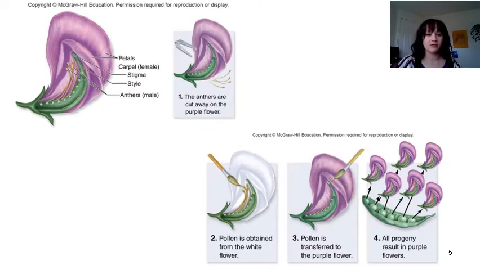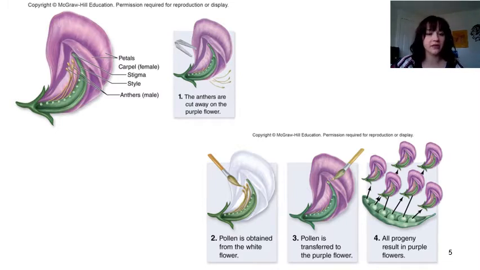So let's go over a little bit about plant biology. Here we've got a flower on a pea plant, and what I want you to notice is the male and the female portions. So within this plant, the anthers are considered the male portion of the plant. Those are what release the pollen.